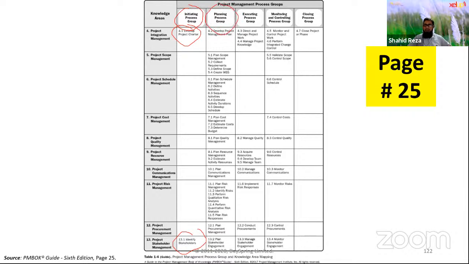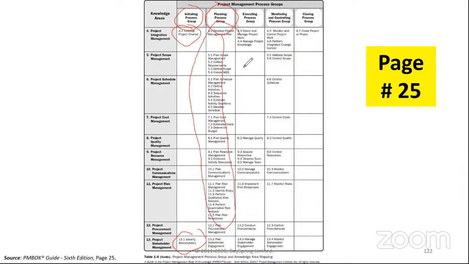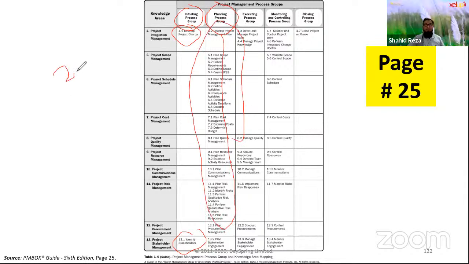All right. When you will be in planning in your project, then what you need to do? You need to do all the 24 processes of the planning process group. Then when you will be in the execution of your project, you have to execute these 10 processes.